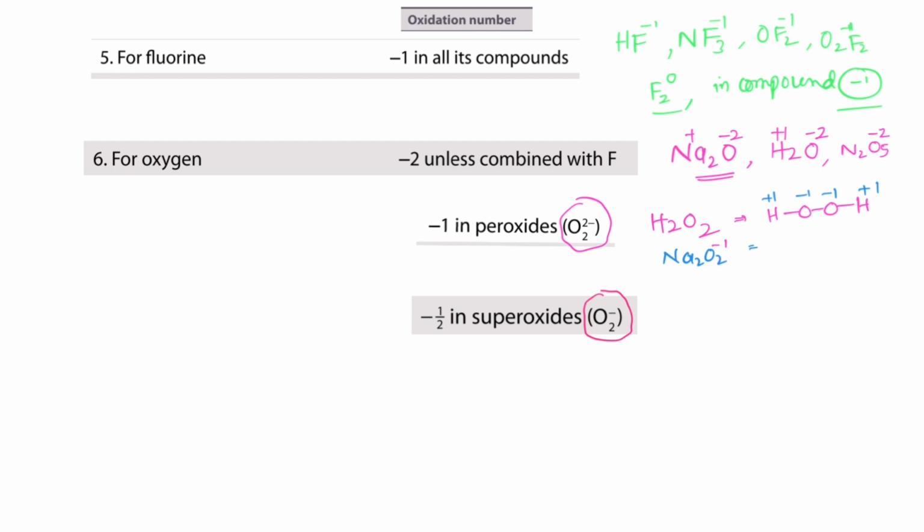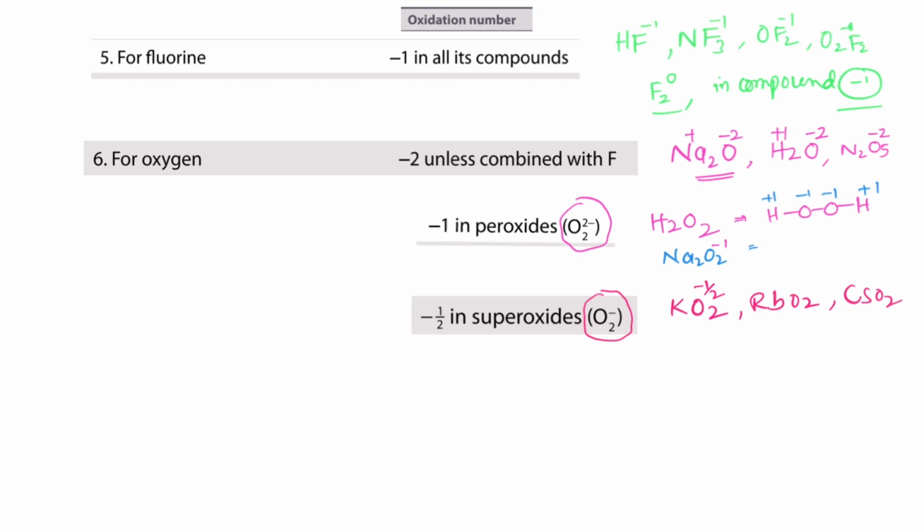One example is KO2, then RbO2, CsO2. In these compounds oxygen shows the minus 1 by 2 oxidation state.